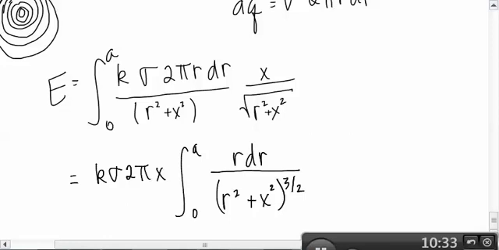Okay, so because this is really yucky to integrate all by itself, we can do some substitution. Let's let a new variable u be equal to r squared plus x squared.